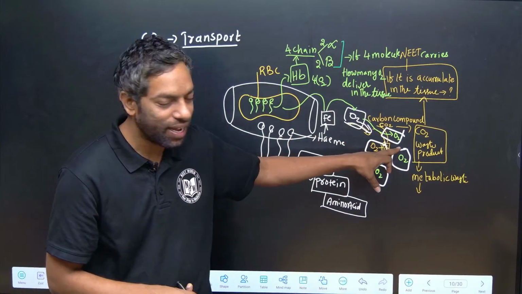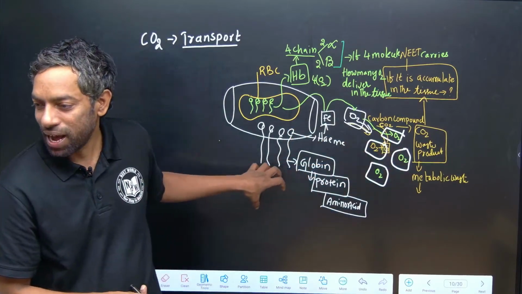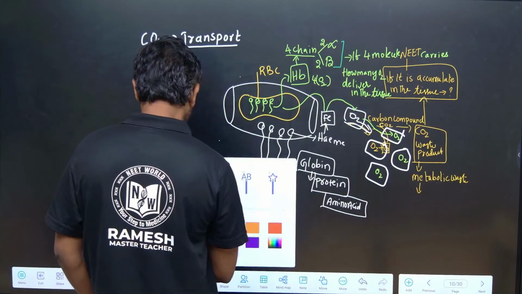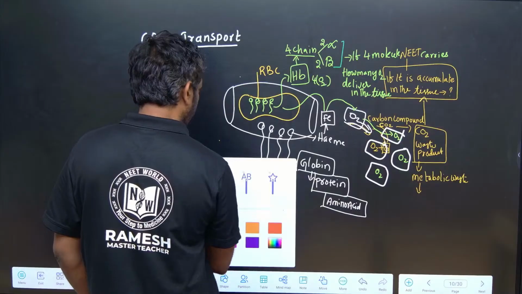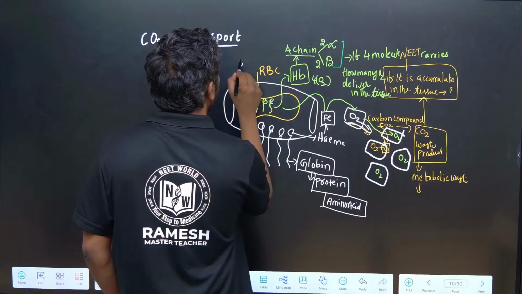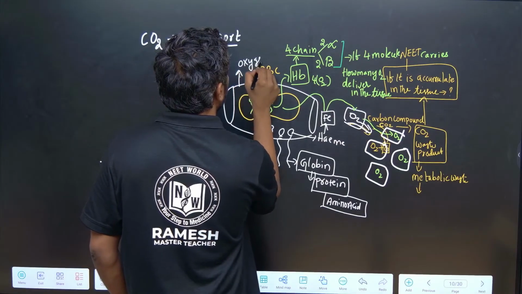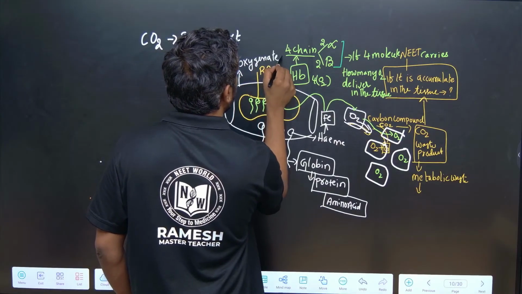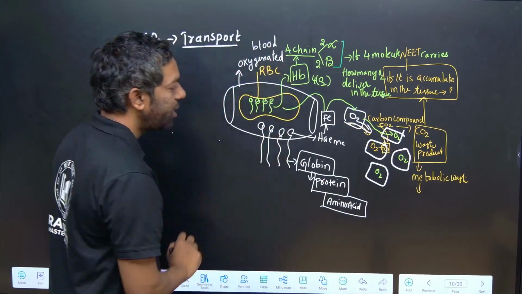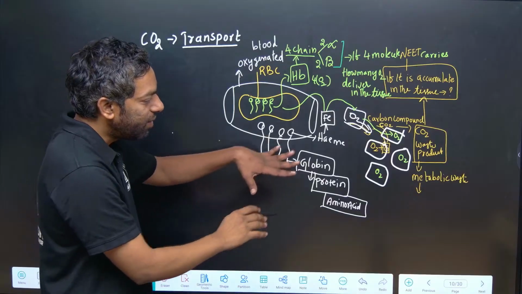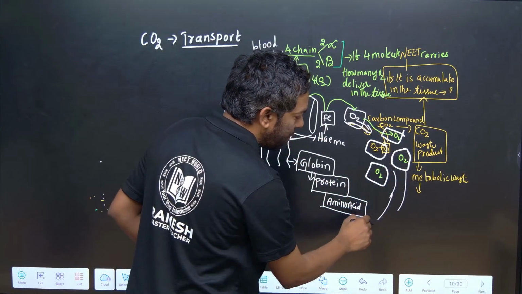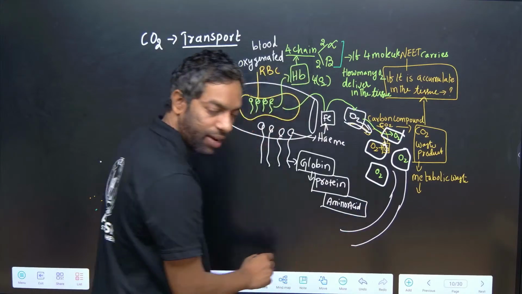How much they can deliver, remaining they carry back into the deoxygenated blood. This is oxygenated blood. Once they deliver, the deoxygenated blood they can carry back, right?